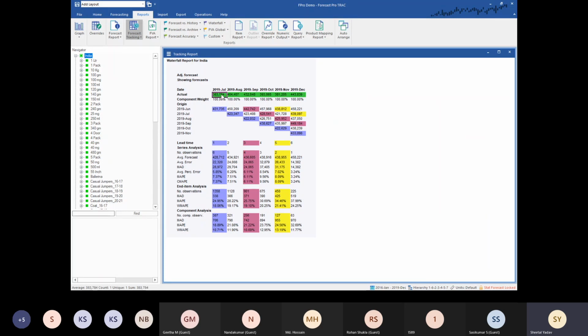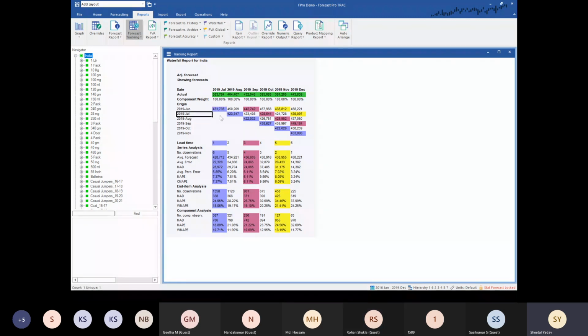Now over here, I see my actual values are for the last 6 months because I have selected that I want to look at the past 6 months. So these individual 6 months are getting reflected over here. Now, when I'm in July, I have actuals till June and I'm forecasting for July, correct? So that is my lead time 1. So this is my first observation.